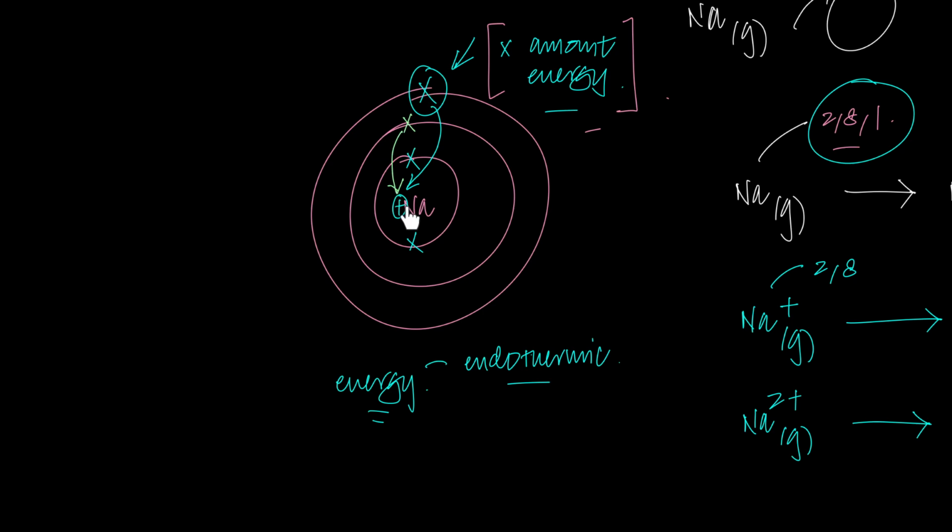It's like separating a kid from their parents. If a kid is already distant from the parents, you just need to provide less energy and they'll be separated from their parents. But if a kid is very close to their parents, they will experience a stronger pull from their parents. So you need to provide more energy to actually pluck this electron.